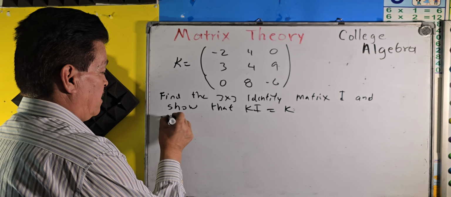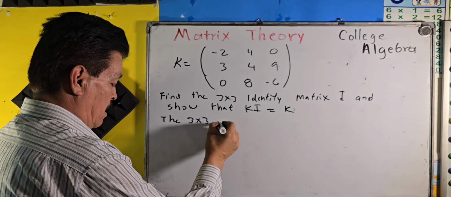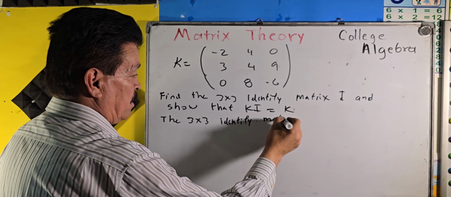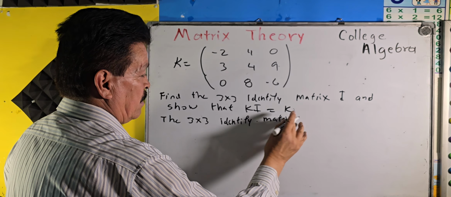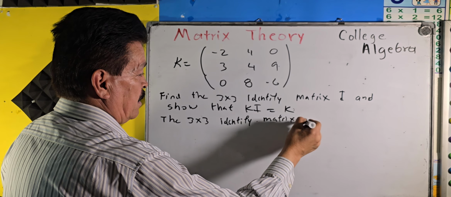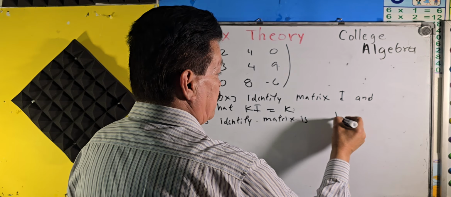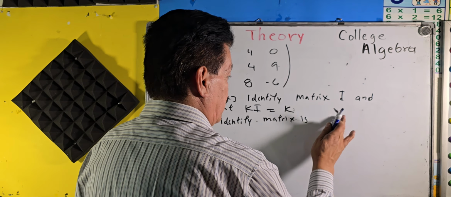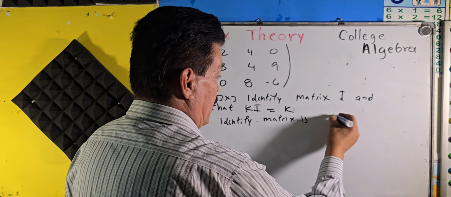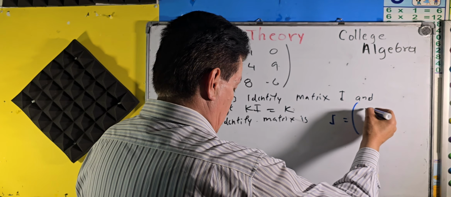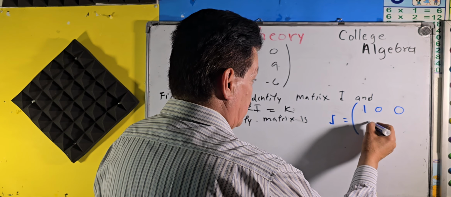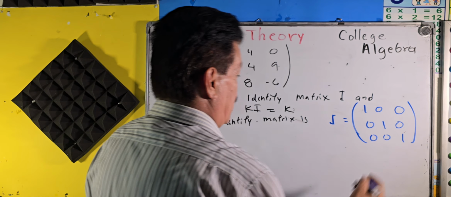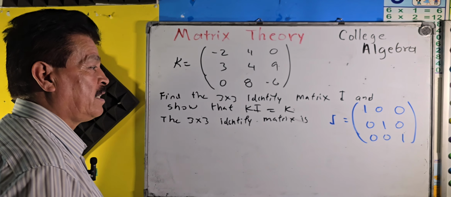So we have the 3 by 3 identity matrix. Let's write the identity matrix I equals 1, 0, 0, and then 0, 1, 0, and then 0, 0, 1. This is the 3 by 3 identity matrix.